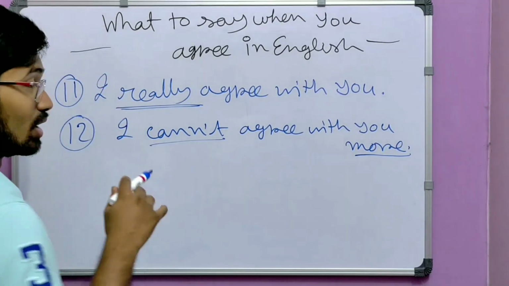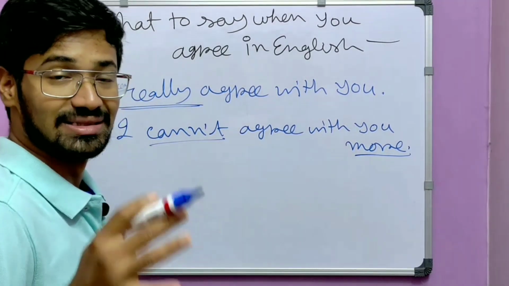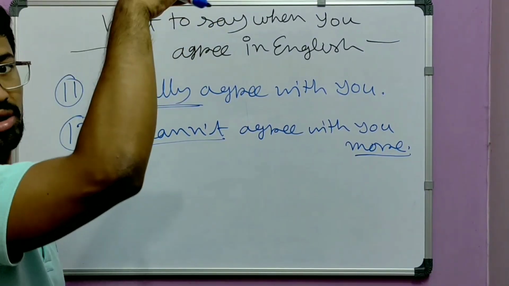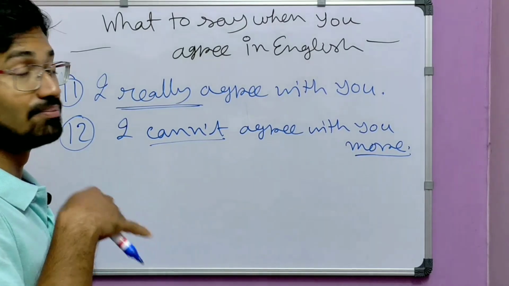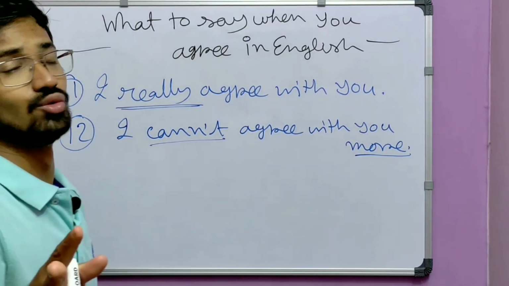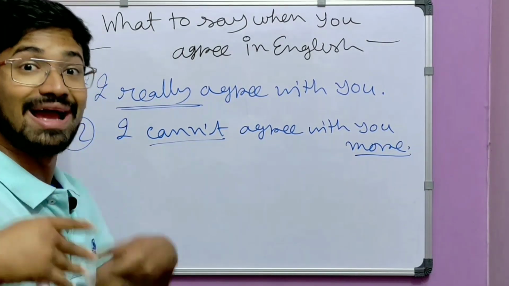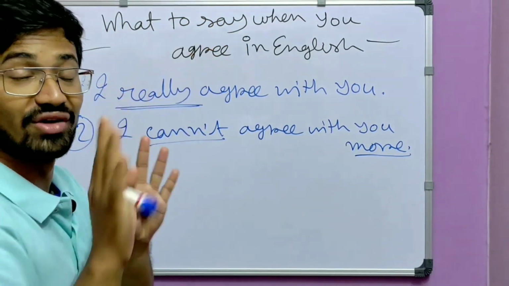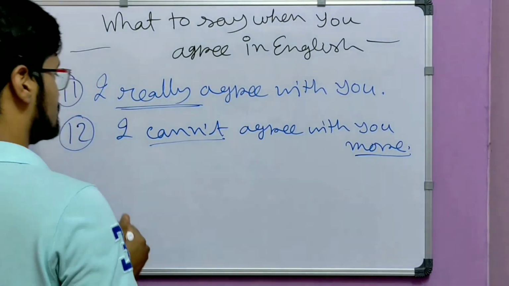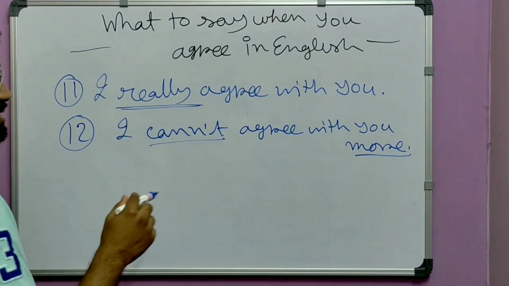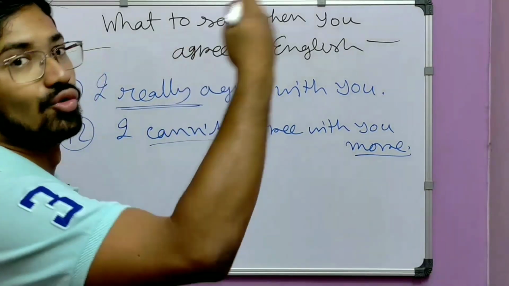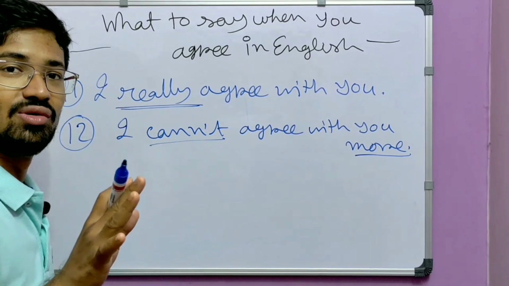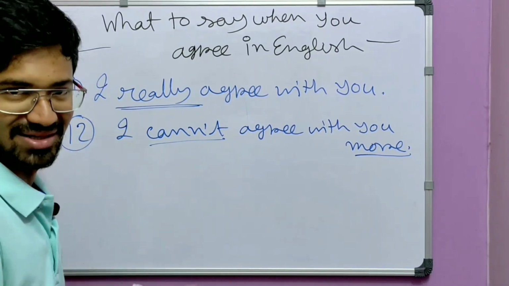That means whatever you agreed, that is the utmost level, the topmost level. You are very satisfied. So you can simply say I can't agree with you more. Then the other people can understand that you are satisfied with this agreement.